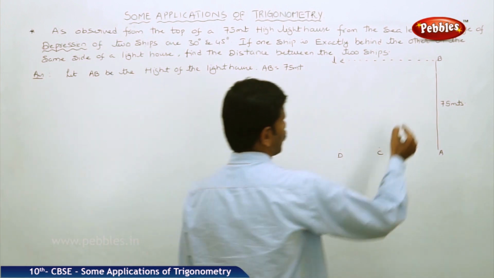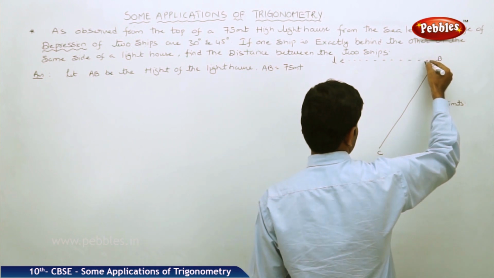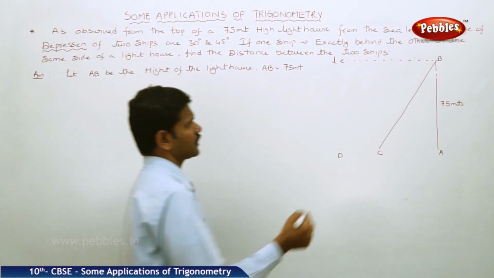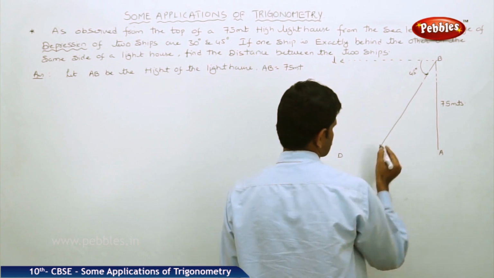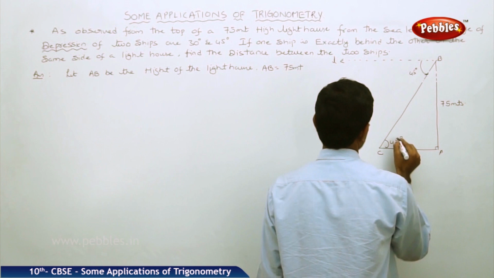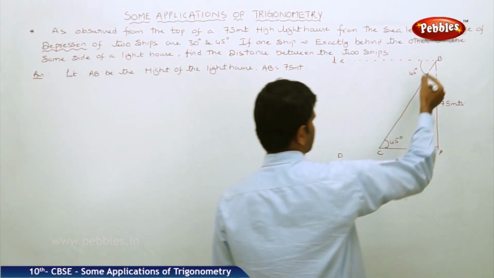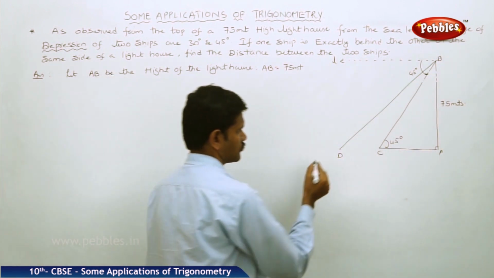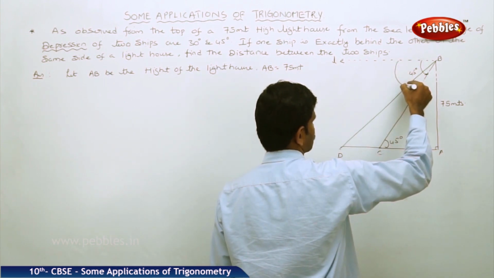Now the observation of the two points: to C, one is 45 degrees, and the second one is 30 degrees, that is, the angle of depression to point D, which is 30 degrees.